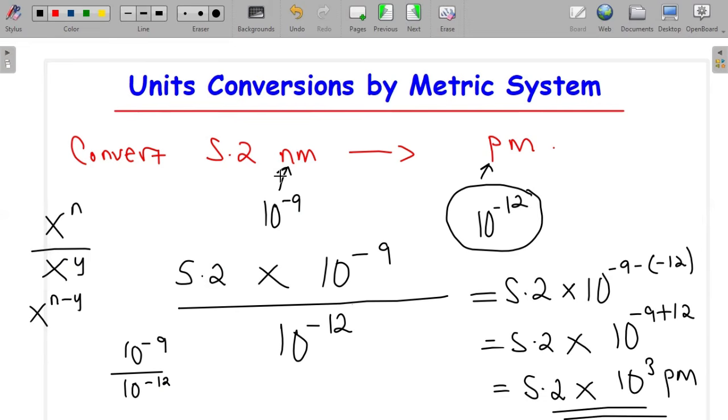So we have converted from nanometers to picometers. The secret is just to know the value of the prefix that you have there. If you know the value of a prefix, then you are well and good to convert the units. Any questions on this explanation?